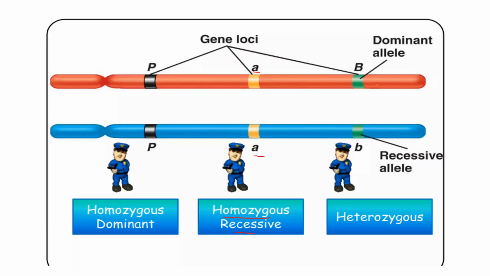And if it is present in one locus as a dominant form and in the other locus as a recessive form, then it is called heterozygous. So there are three types of genotype: homozygous dominant, homozygous recessive, and heterozygous.